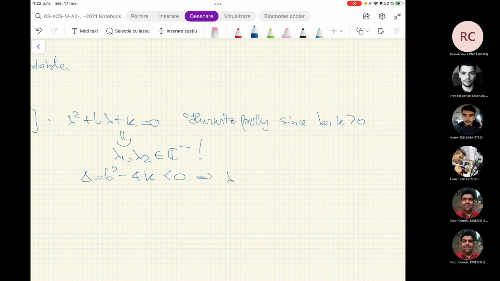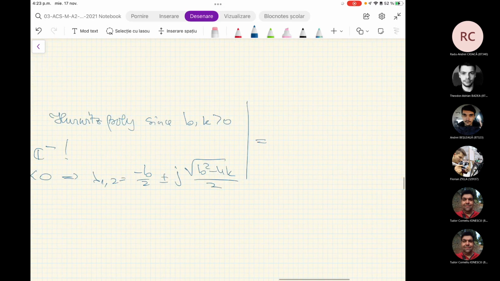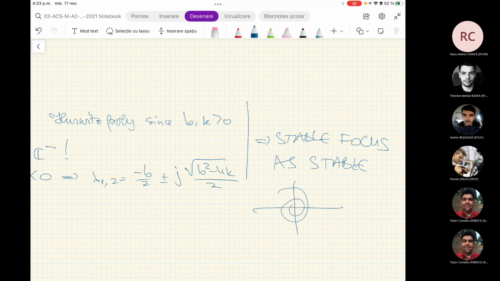So you get lambda 1, 2 is minus b plus minus j square root b squared minus 4k over 2. This is a stable focus. Asymptotically stable because it goes to 0.